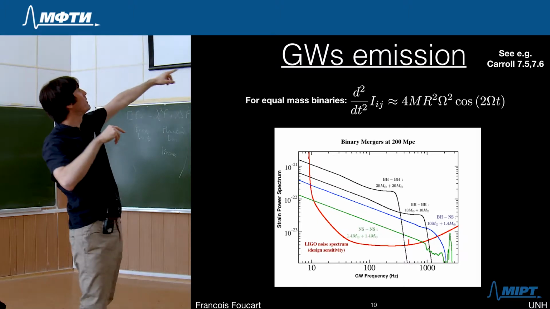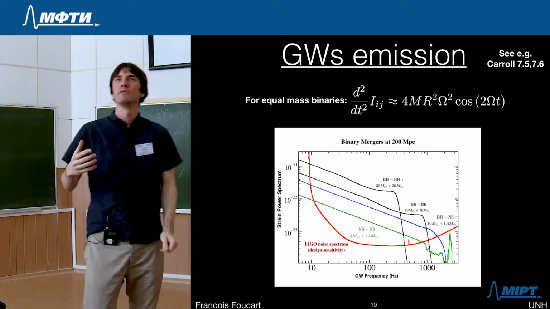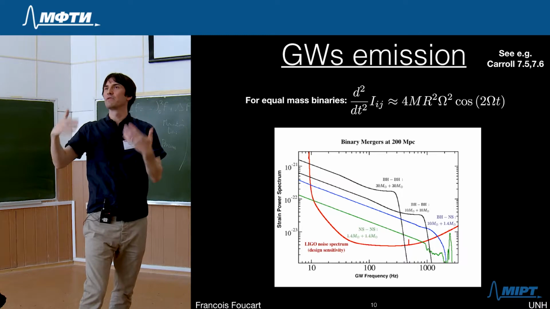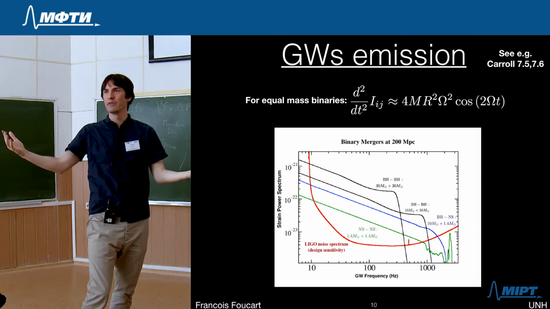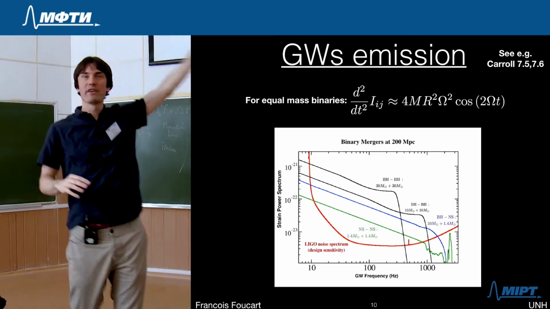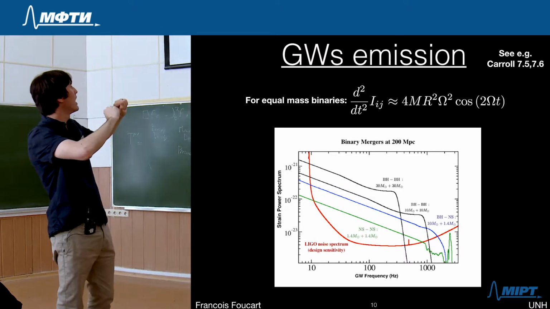And the red curve is what we call the LIGO noise spectrum. It effectively tells you when LIGO becomes sensitive to gravitational waves at a certain frequency. And we will see a little bit later what actually sets the limits of that curve. But for the moment, let's just assume that it is correct.